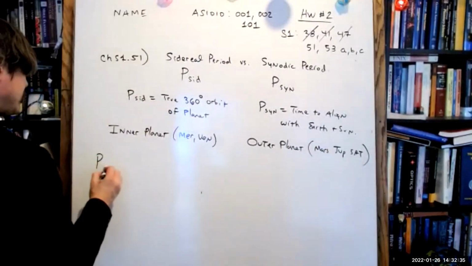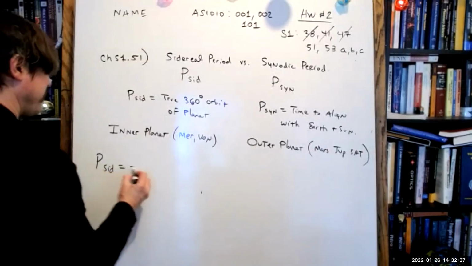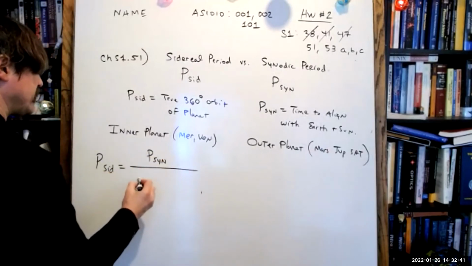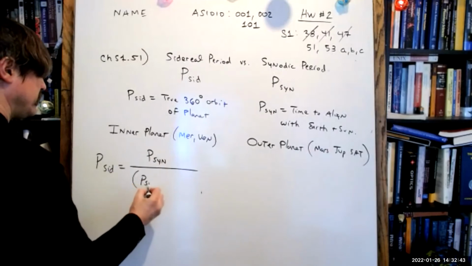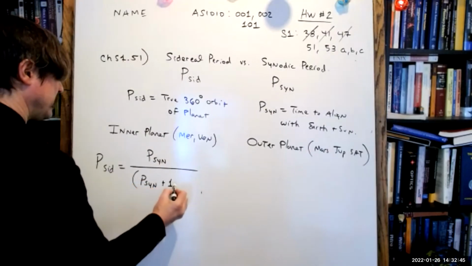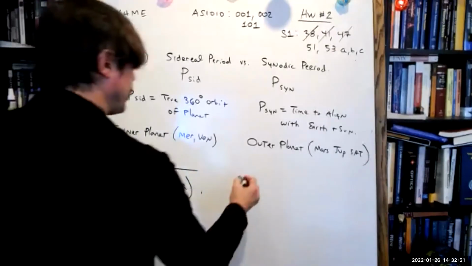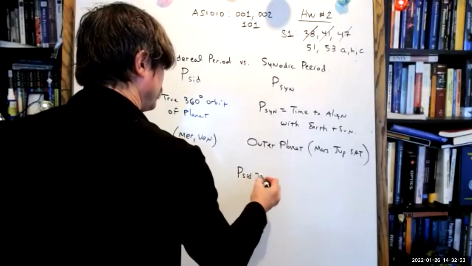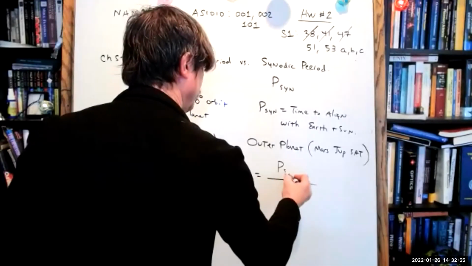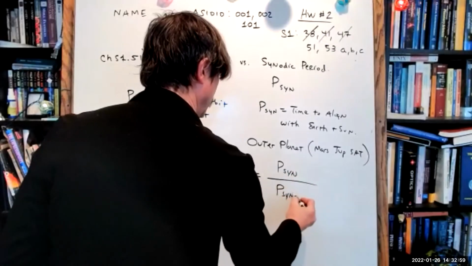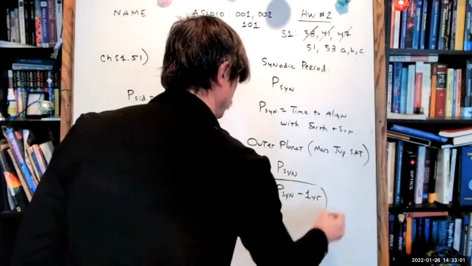For inner planets, the sidereal period is the synodic period divided by the synodic period plus 1 year. For outer planets, the sidereal period is the synodic period minus 1 year.